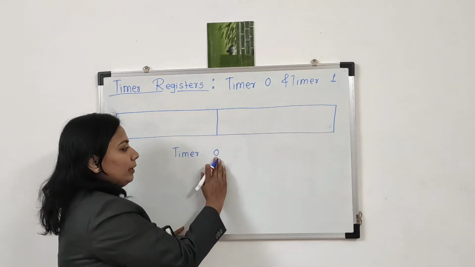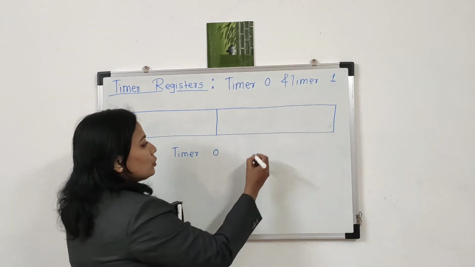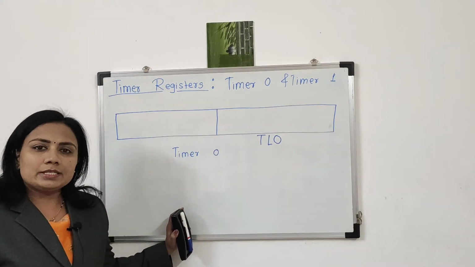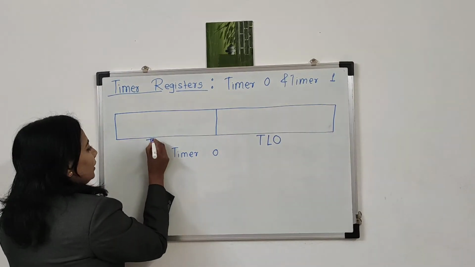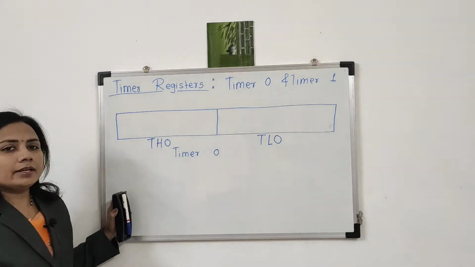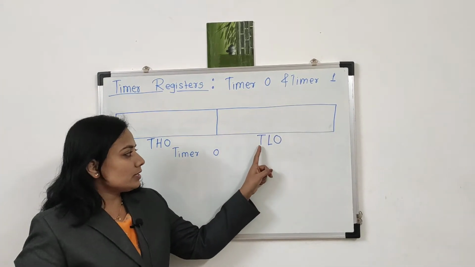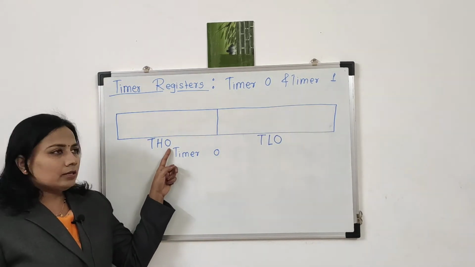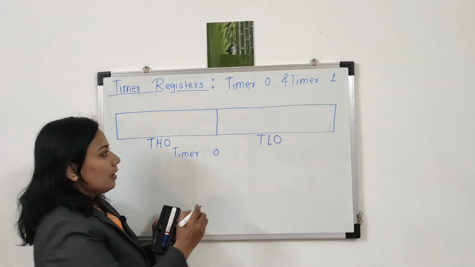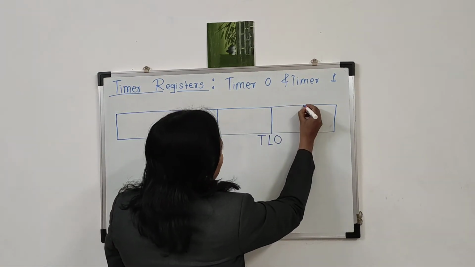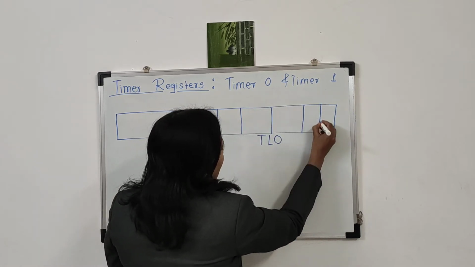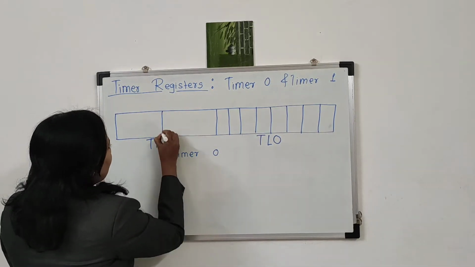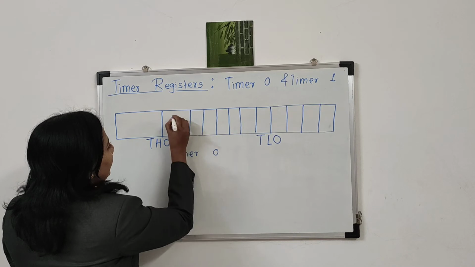This low byte belongs to timer 0, so we will treat that as the TL0 register, which is an 8-bit register, and TH0, which is again an 8-bit register. So this is the timer 0 low byte register and this is the timer 0 high byte register, which are 8-bit each. These registers are 8-bit registers, and the total timer register is a 16-bit register.